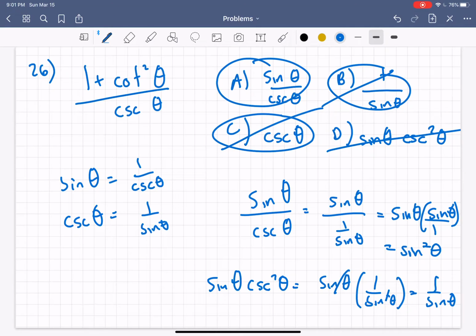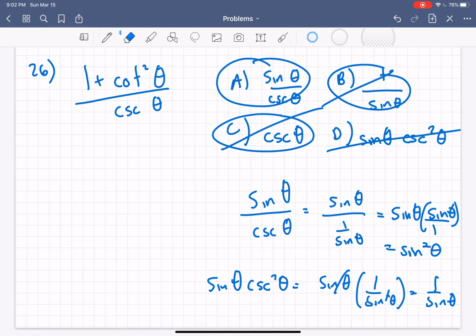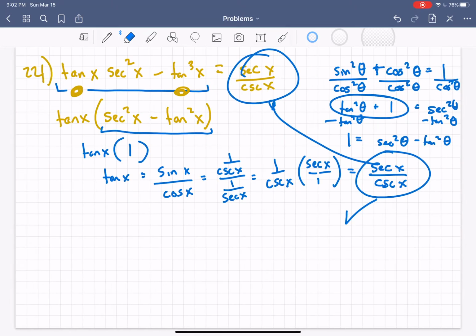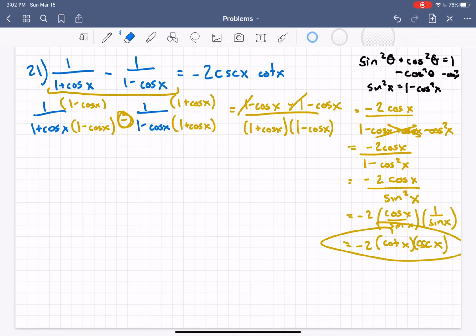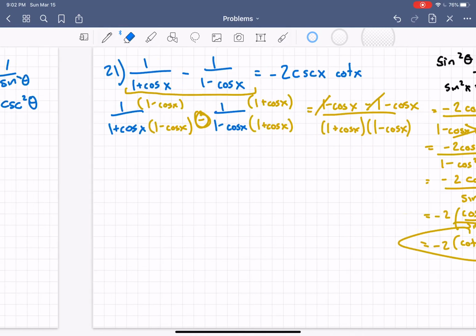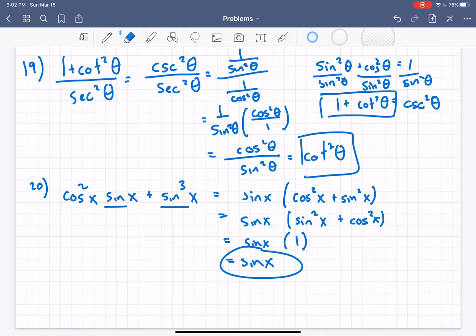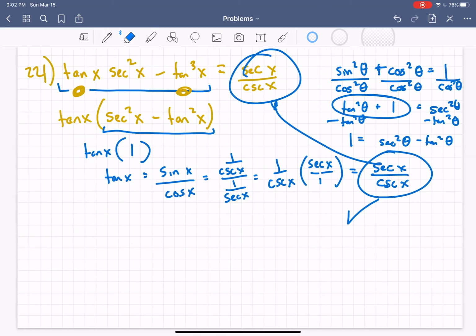And if we go back to our original now, maybe we're too scared off by this, right? We have 1 plus cotangent squared. And if we go back to one of our other reworks of our Pythagorean identity, we do have 1 plus cotangent squared equals cosecant squared.